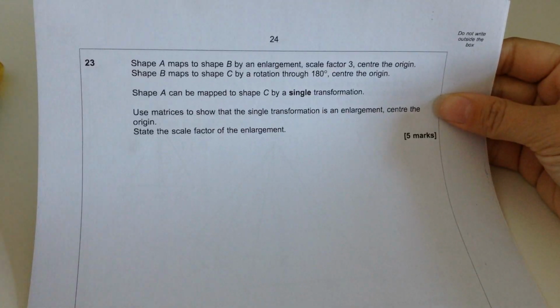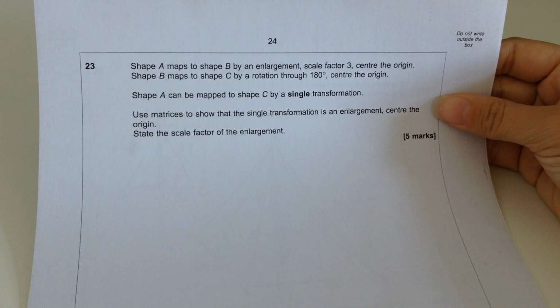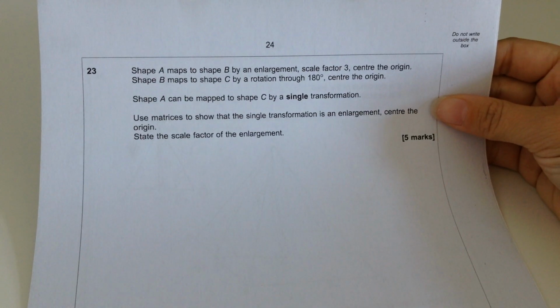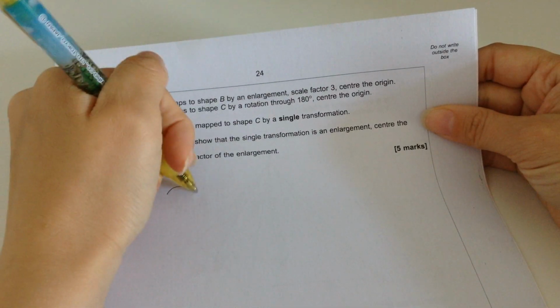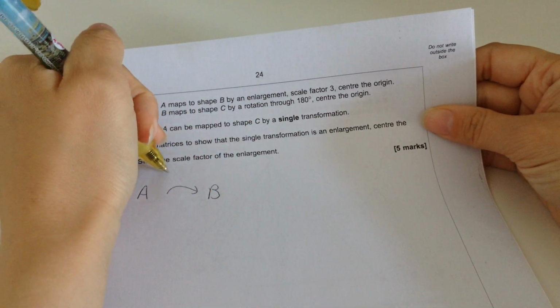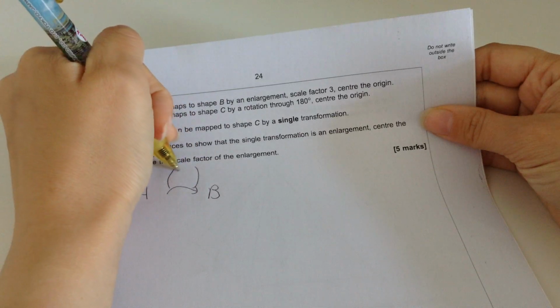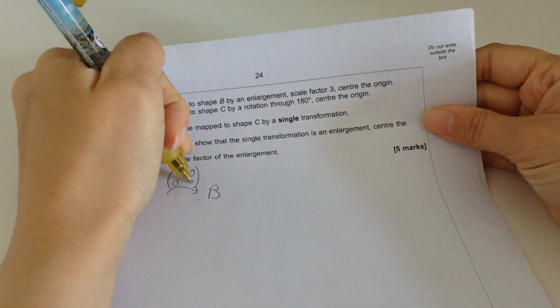Right. Ooh, matrices. Shape A maps to shape B by an enlargement scale factor 3 sent to the origin. Now I know that the matrix for that is going to be that.